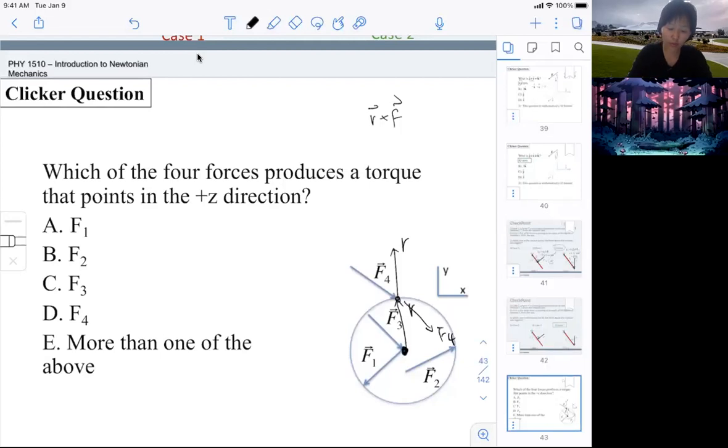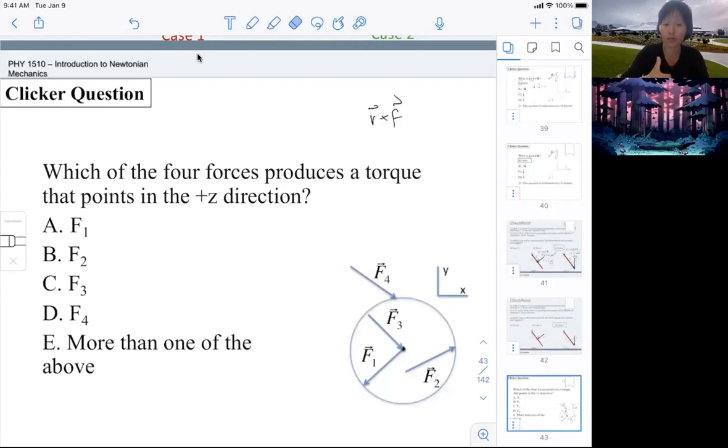But I want to show you a simpler method. You can see the axis of rotation is in the z direction, right? The positive z direction corresponds to, remember we were saying, how do we do angular velocities?